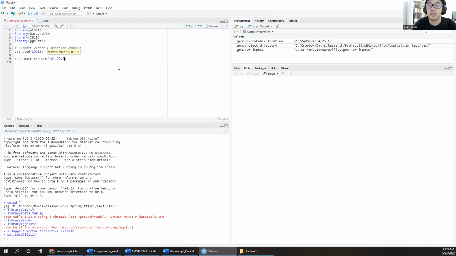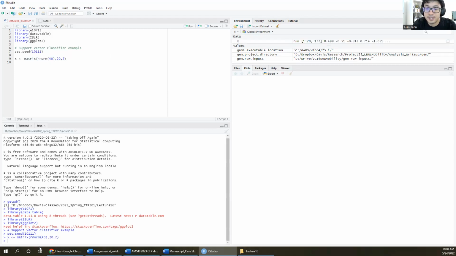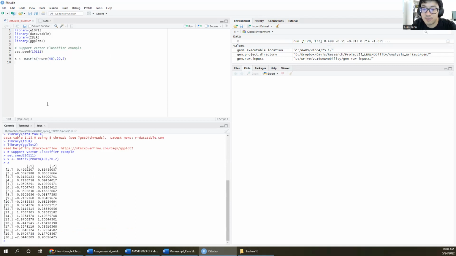So what we see here is that we're generating a matrix of x's. I should have 20 rows and 2 columns of randomly generated values.